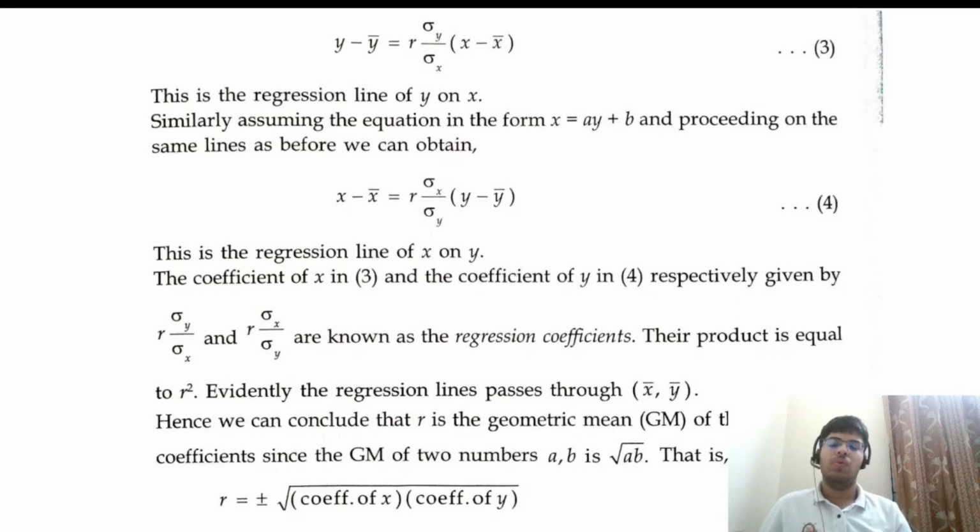Both formulas are for straight lines, and the middle portion, that is the r and r part, shows that they are the regression coefficients and their product is equal to r square, meaning that the regression lines pass through them. Now, to calculate the geometric mean of the regression coefficients of two variables, we use a formula, that is r equal to plus or minus the square root of the coefficient of x into the coefficient of y.